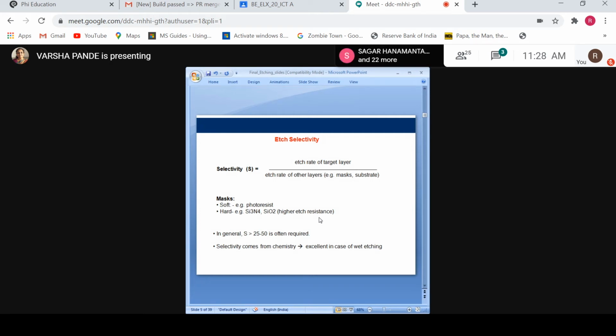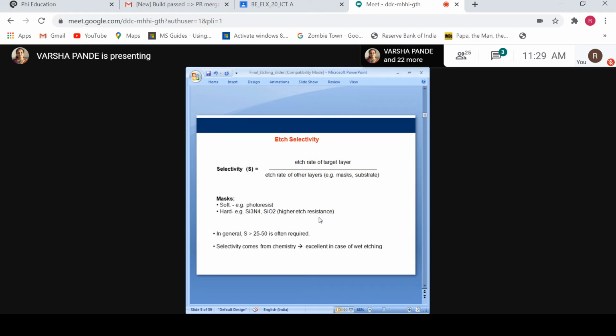1 millimeter per hour means what will happen? When we want to etch the silicon dioxide and we keep the oxidized wafer, which is protected by the photoresist mask with some windows created, in the hydrofluoric acid solution, it will remove only the silicon dioxide.